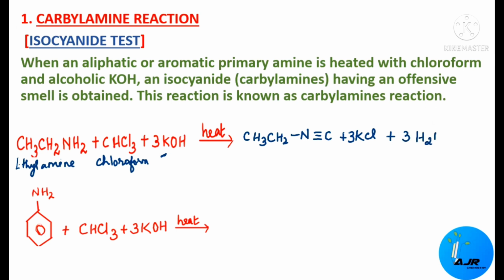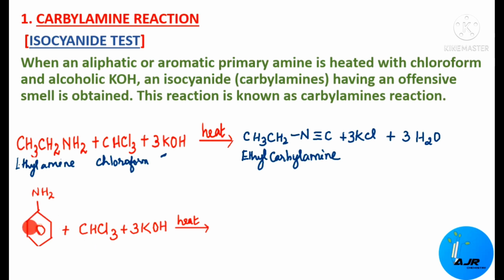So this is the product we are obtaining, and the name of this compound is ethyl carbylamine. Okay, this is otherwise called as ethyl isocyanide.